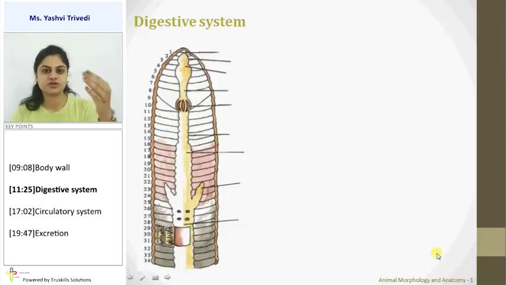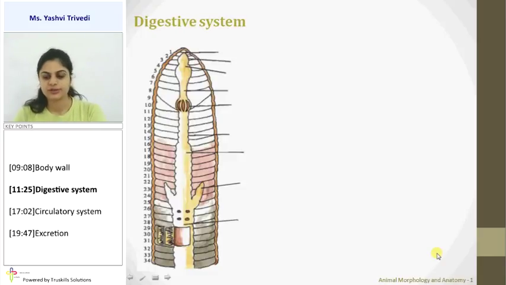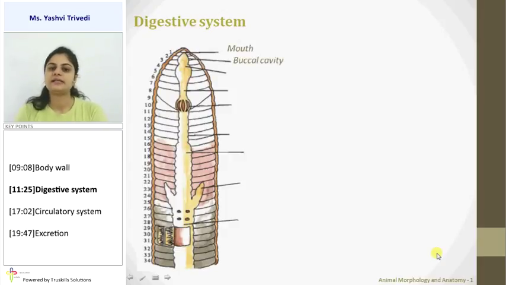Let us see how the structure is. This is the structure of the digestive system of earthworm. It has various parts. It starts with the mouth, which is in the first segment, and the mouth opens up into the buccal cavity.